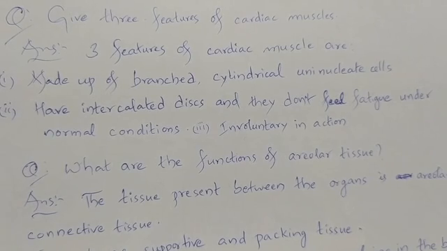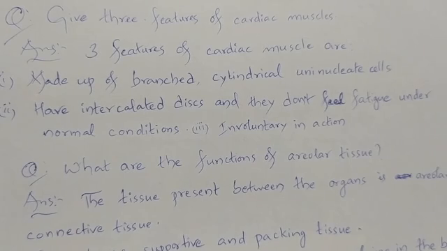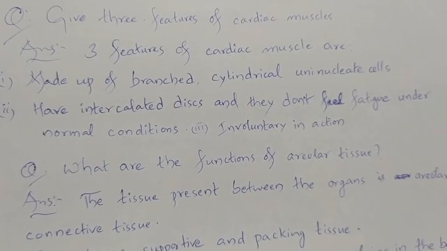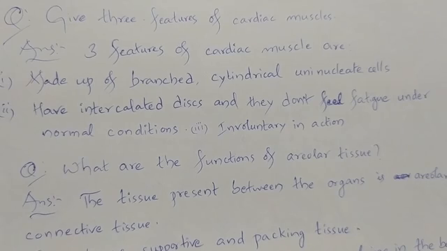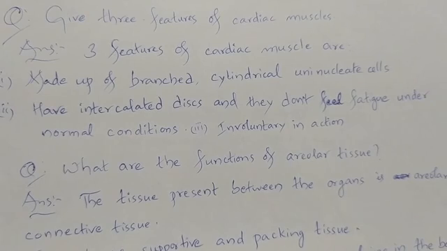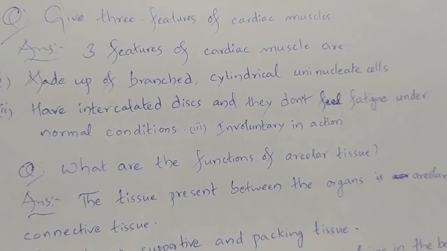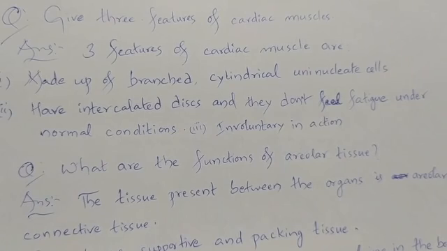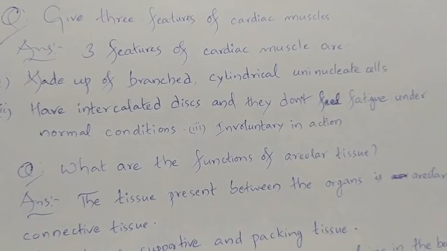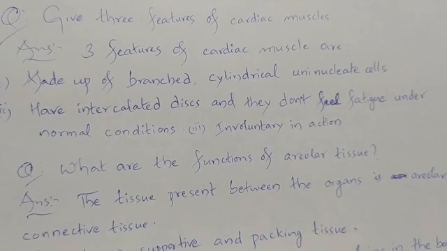Under involuntary muscles, both cardiac muscles and smooth muscles or visceral muscles are included. In these muscles, that is under involuntary muscles, the muscle cells are uninucleate. Whereas in voluntary muscles, that is in skeletal muscles, the cells are multinucleate.